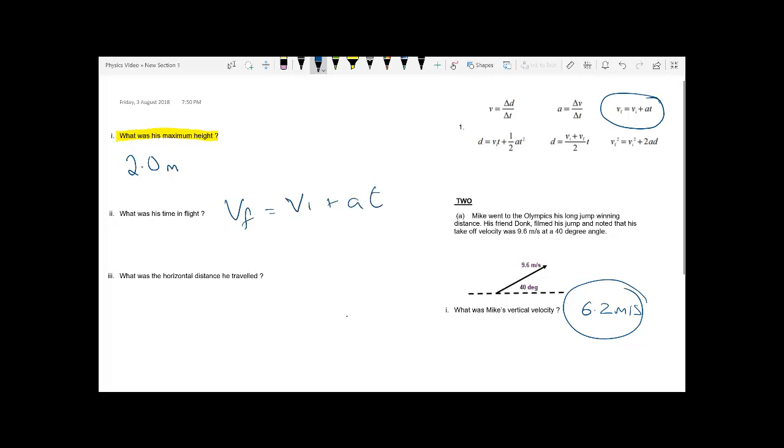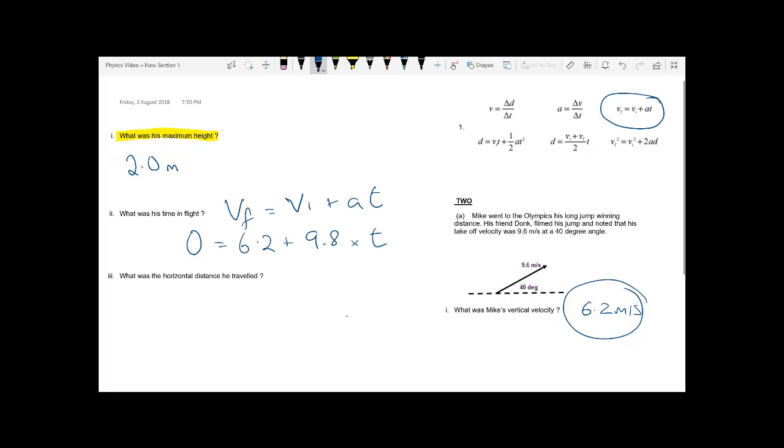So his final velocity is 0, his initial velocity is 6.2, his acceleration is going to be 9.8, and that's going to be times t. You should be aware by now that there are other ways of solving these problems. It's just the way I'm choosing to do it now.